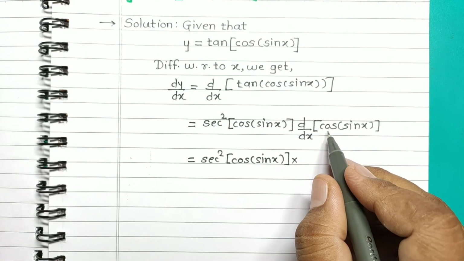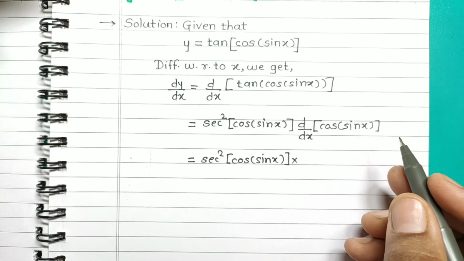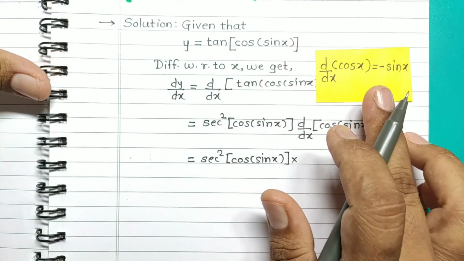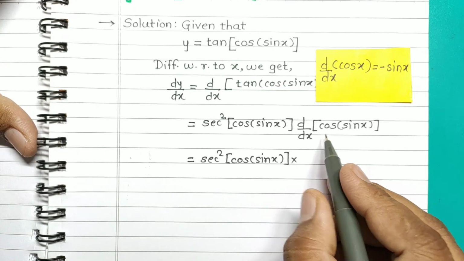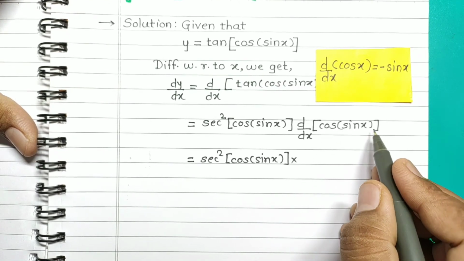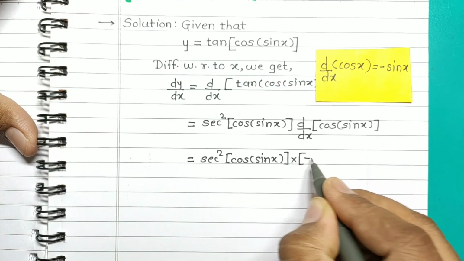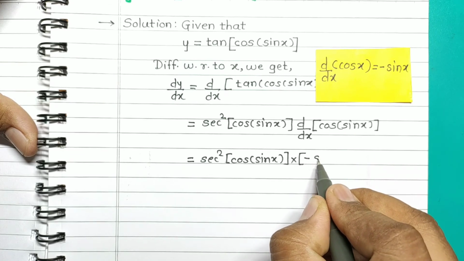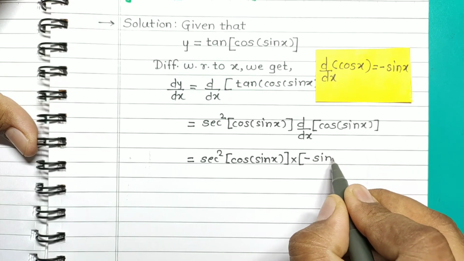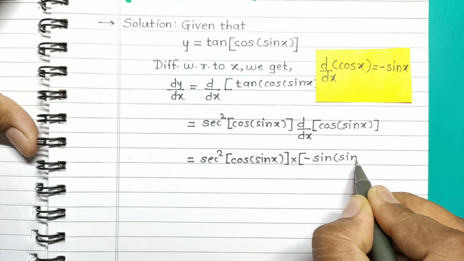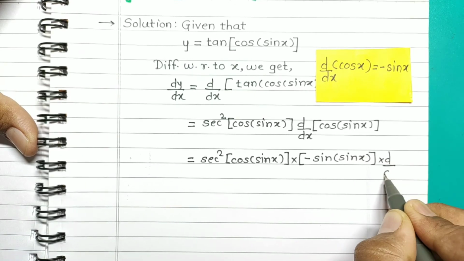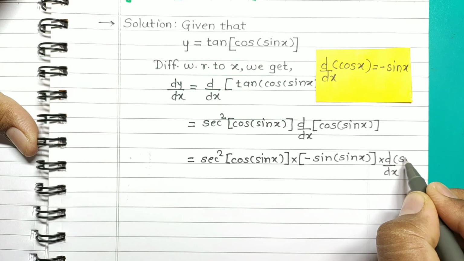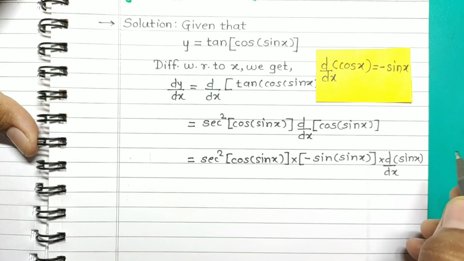So this is cos of something, and we have derivative of cos x as minus sin x. So derivative of cos of something is minus sine of something. So it is minus sine of sin x, and again you multiply it by derivative of something, which is sin x.